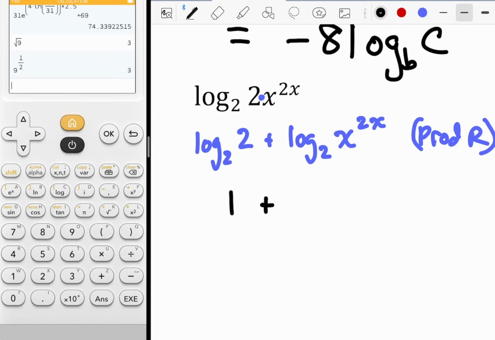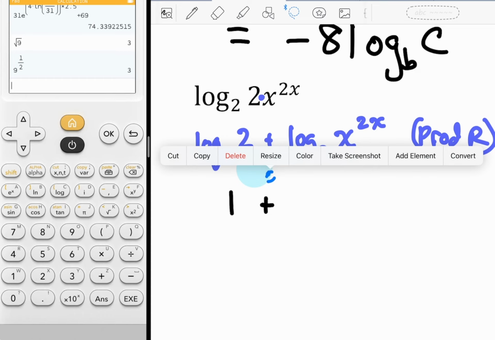I always look at it when it comes to logarithms: this is my base, and I want to see what I would have to raise this number to in order to get this number. So 2 to what power equals 2? 2 to the first power is equal to 2. So that's a way to reason it out.